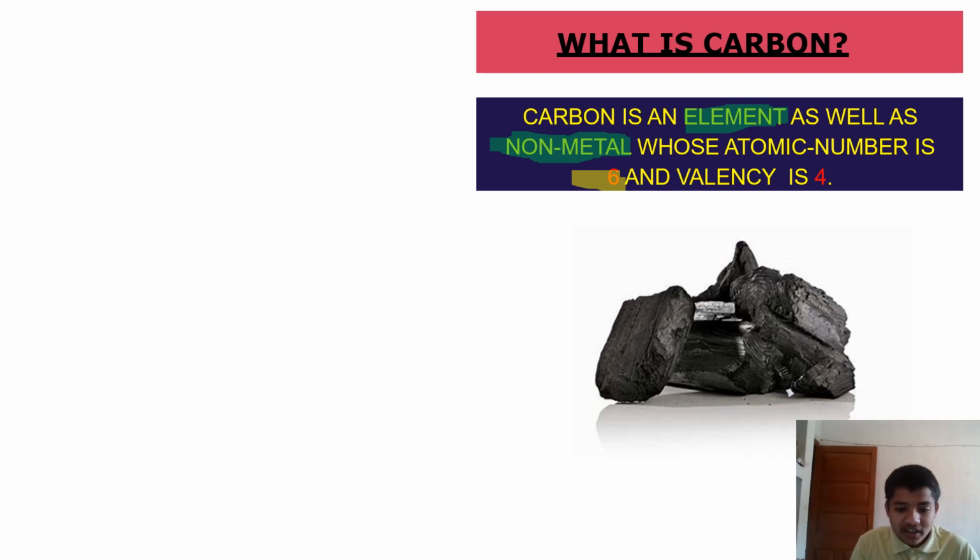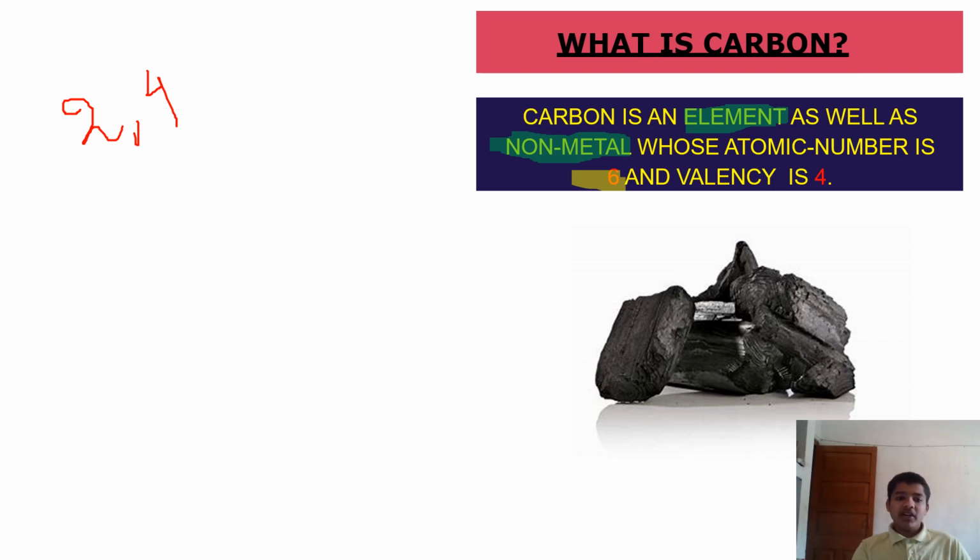It needs to be understood, and its valency is 4. You have studied about electronic configuration in class 9th. So if its atomic number is 6, then what is its electronic configuration? Its electronic configuration will be 2, 4.